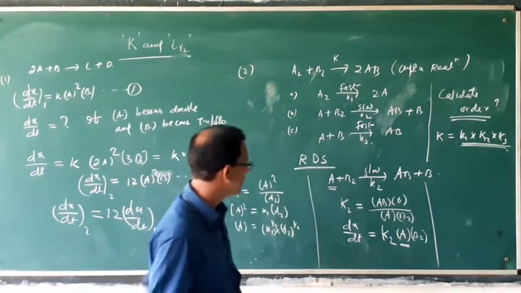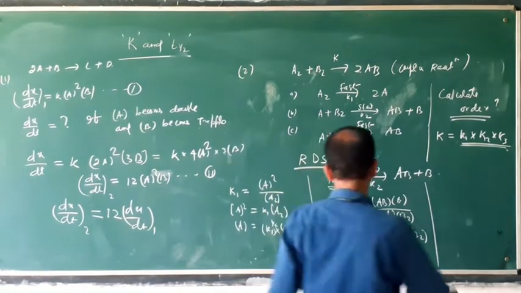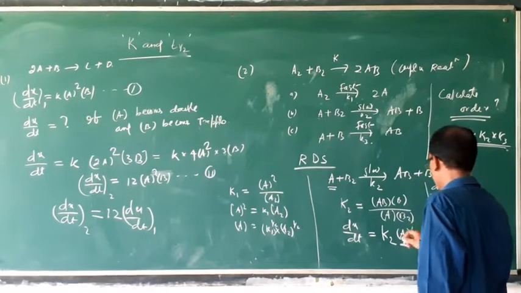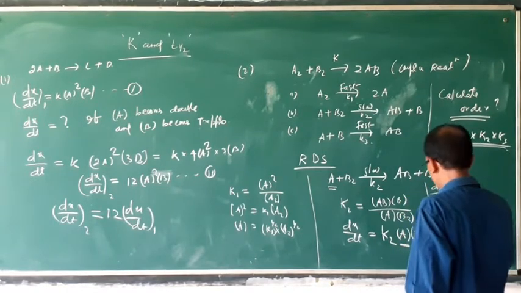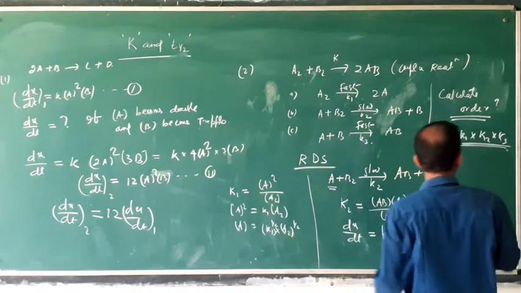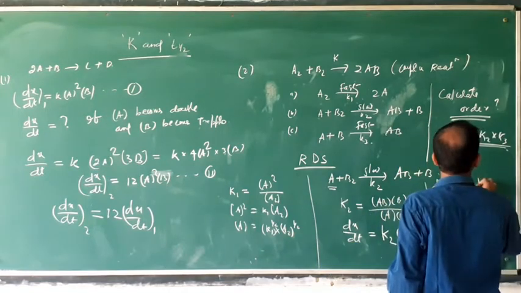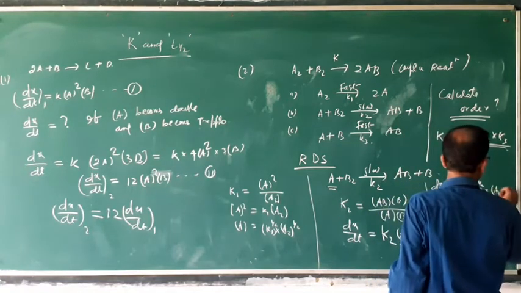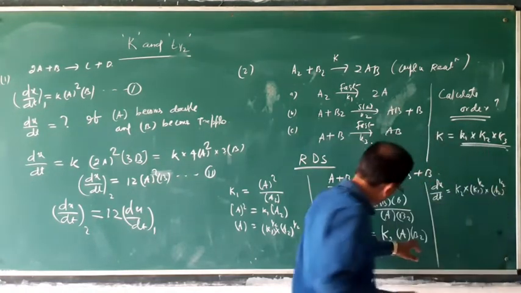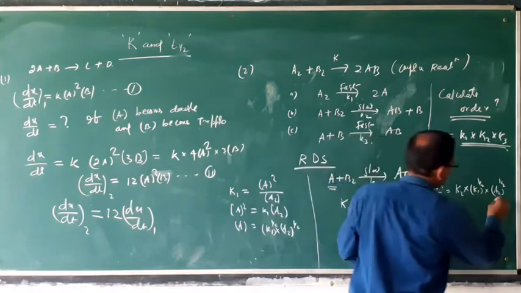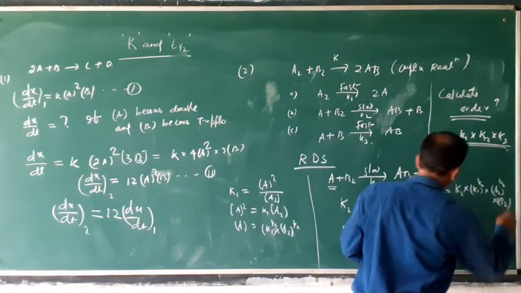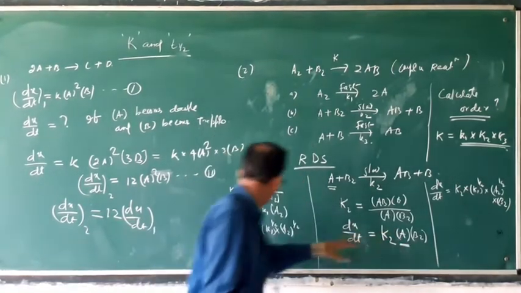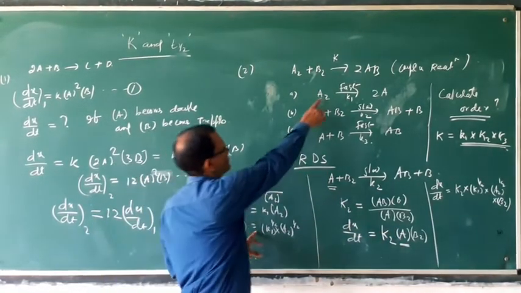This is the A value. If you put this value here, then rate will be equal to K2 as given. What is the value of A? K1 half into A2 half. Again B2 into B2 given. So the value of A is retained from the first equation.